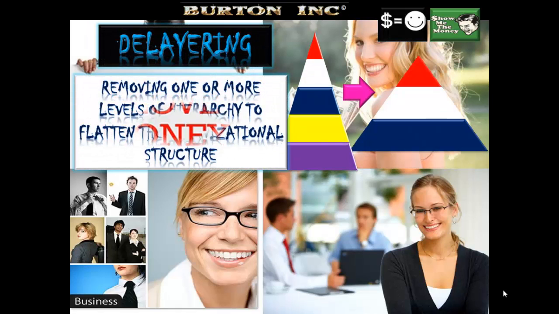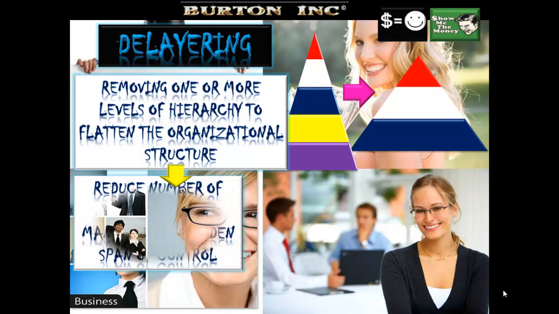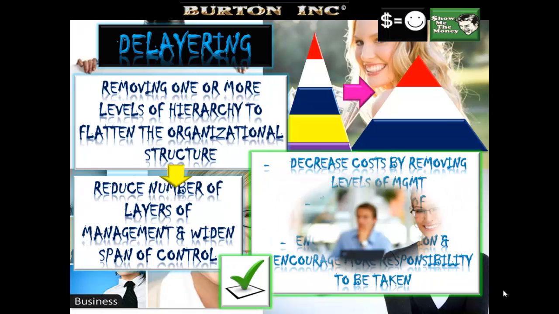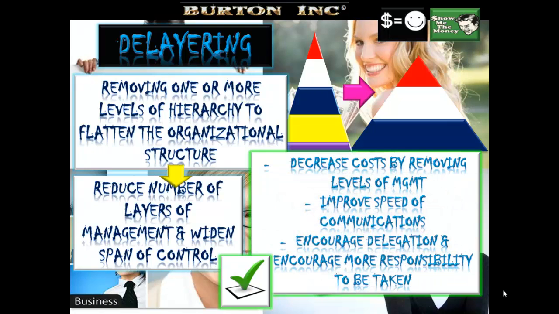And delayering, really simply, is taking out some of those levels of the hierarchy, sometimes called flattening the organisational structure. Just reducing the number of layers between management and the workers below that layer of management, widening the span of control. Why is it done?